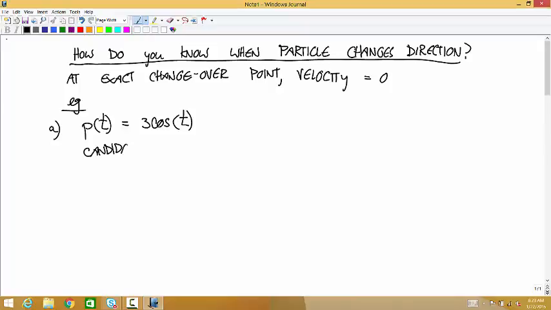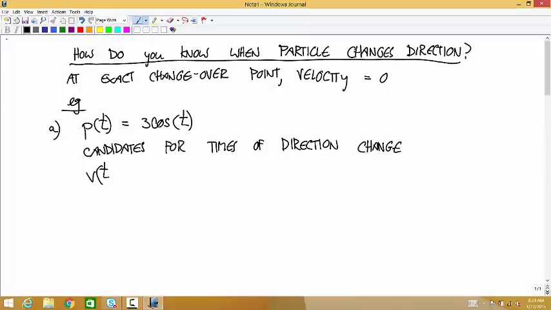So the candidates for times of direction change are, you take the derivative of that.